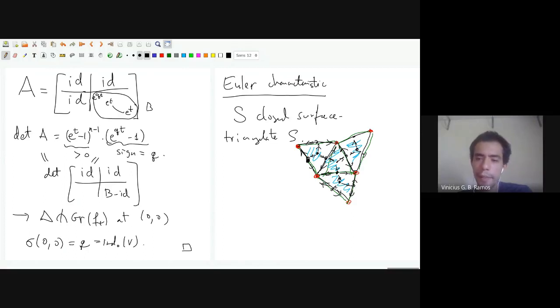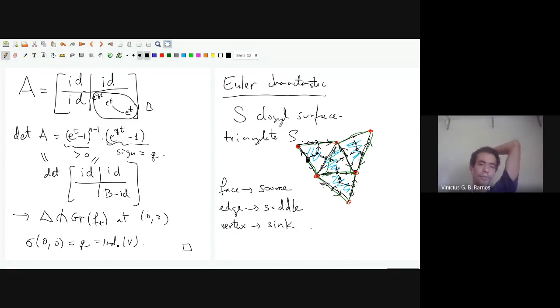Sorry, my picture is a little bit messy, but I think you see what I mean. So each face corresponds to a source, each edge corresponds to a saddle point, and each vertex is a sink.